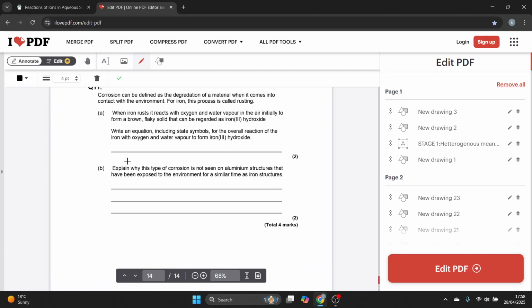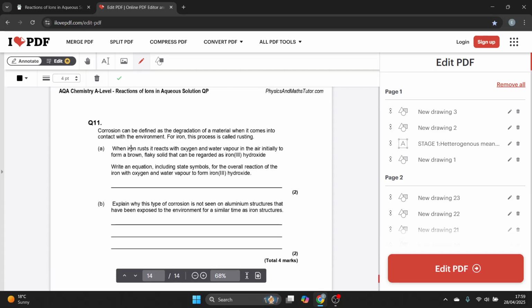Question 11. Write an equation including state symbols for the reaction of iron with oxygen and water vapor to form this. Well, what is this? Fe(OH)3, including state symbols.